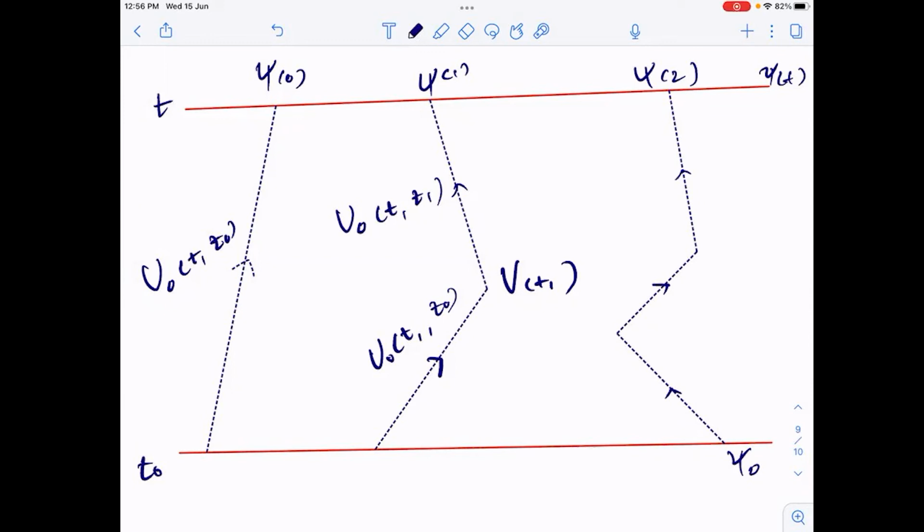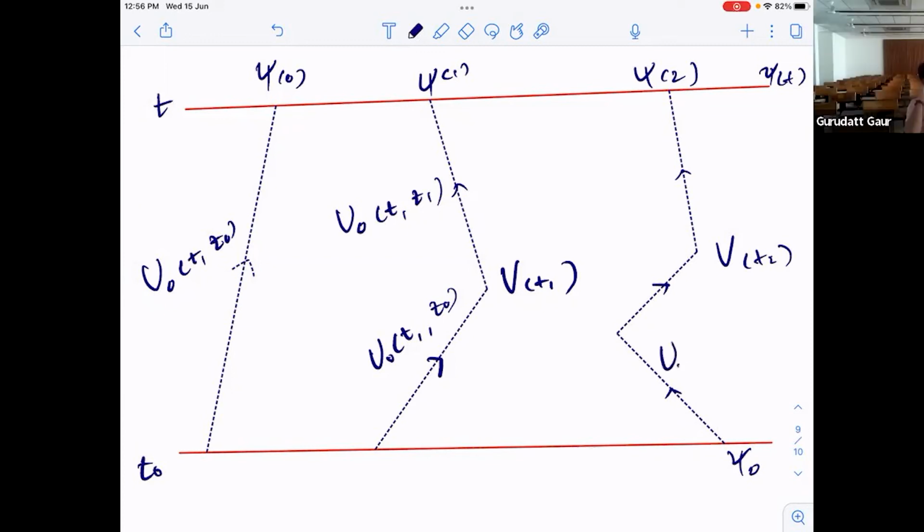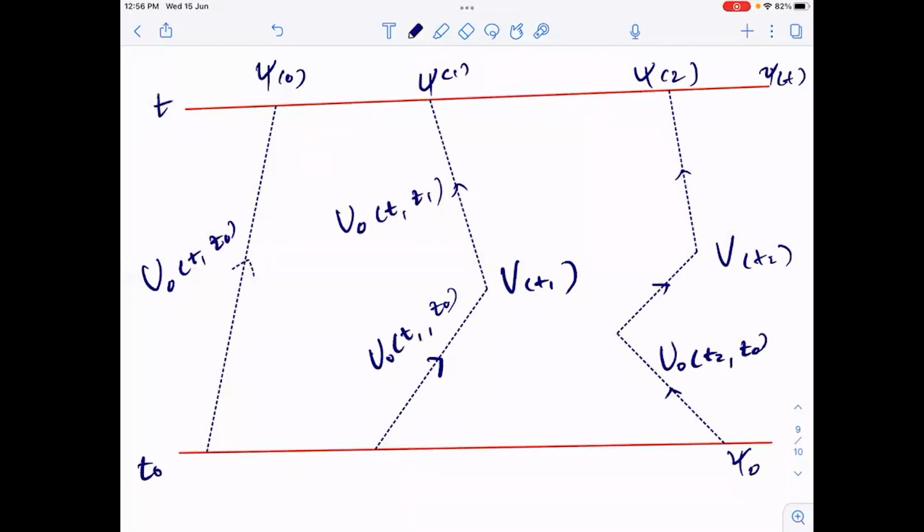Right. So here the perturbation is V(T2). Fine. And your operator, how does it evolve? Come on. T2, T1, T1, T0. Exactly. Right. So U0(T, T2), U0(T2, T1), U0(T1, T0).